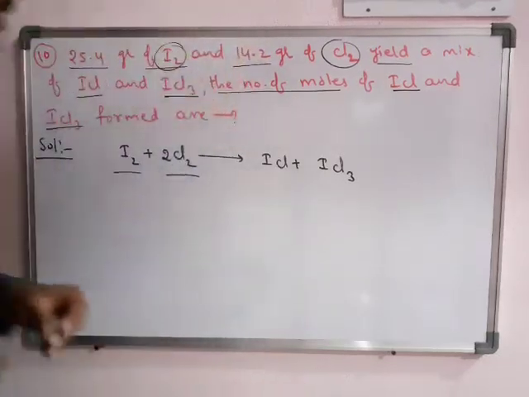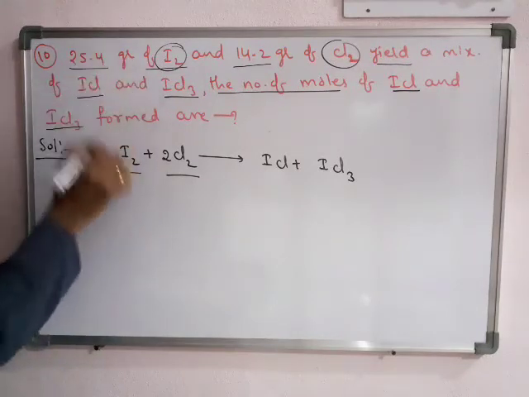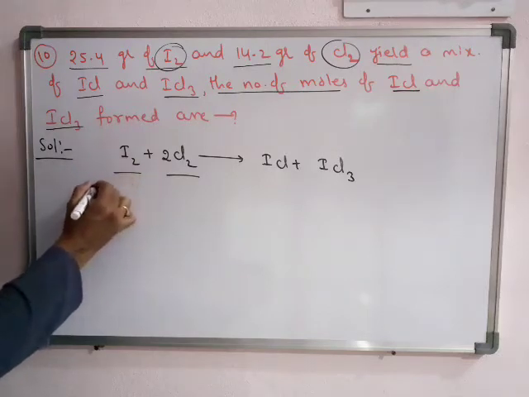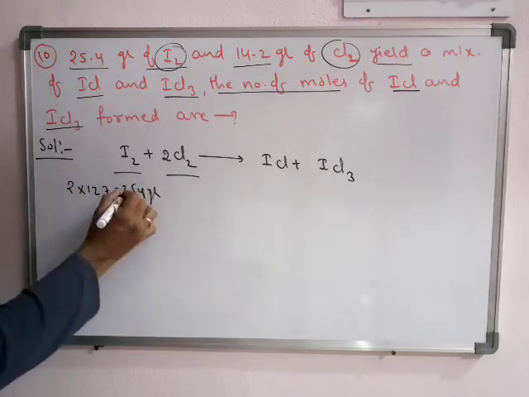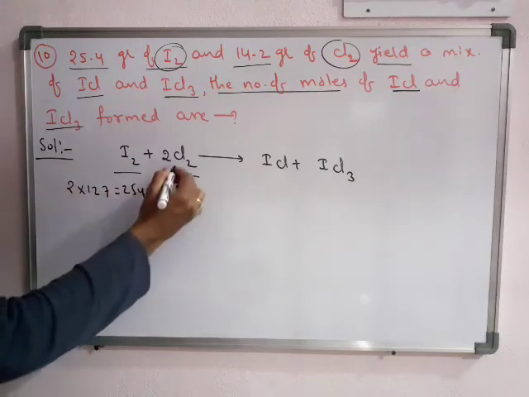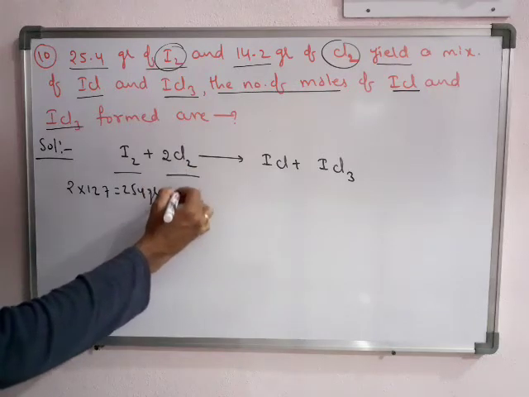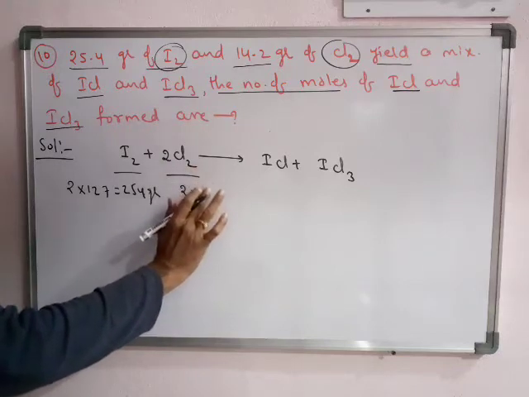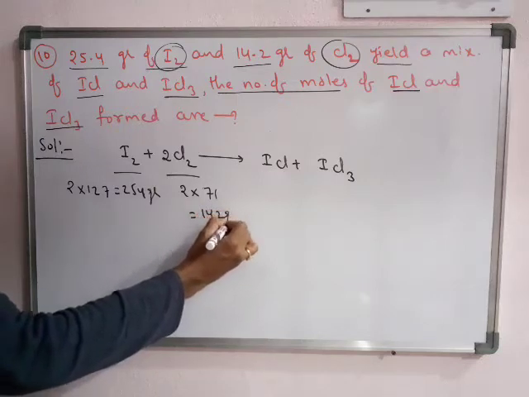According to the reaction, what is I2 in terms of grams? 1 mole means its molecular weight. 1 iodine is 127, so 2 into 127 is 254 grams. 254 grams of iodine react with chlorine: 2 into Cl2 is 71, total 142 grams.